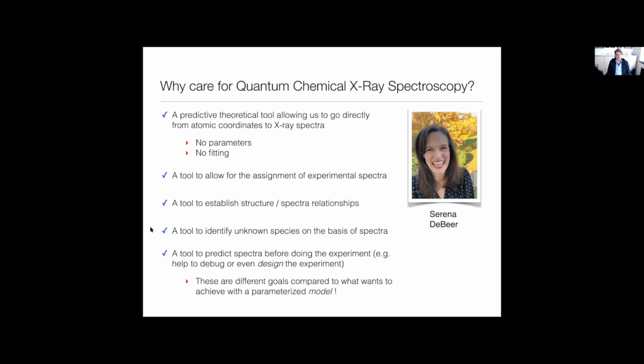And I want to emphasize that these are different goals compared to what one wants to achieve as a parameterized model, like the multiplet model. These things are complementary to each other. They're not in competition to each other. And that is also why Dimitrios will tell you later what he has developed lately, which is a quantum chemistry assisted multiplet model, where you can use the quantum chemistry to predict the parameters of the multiplet model.